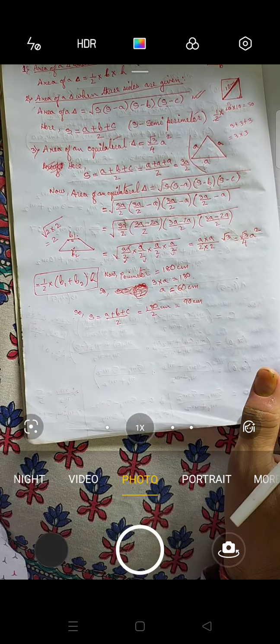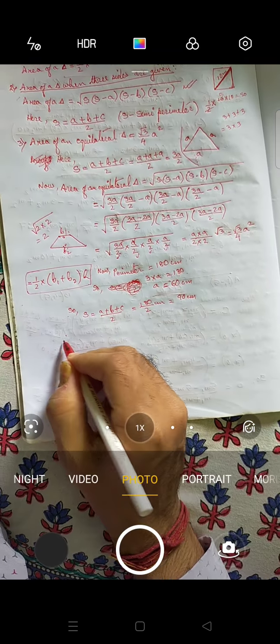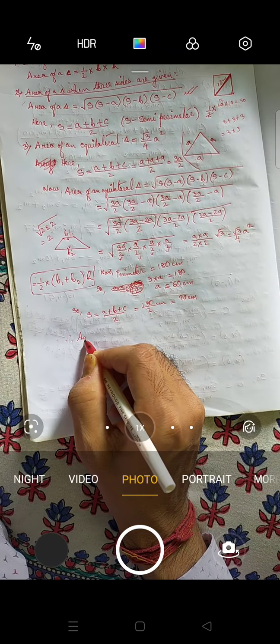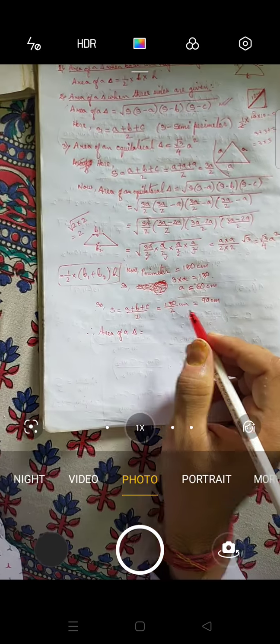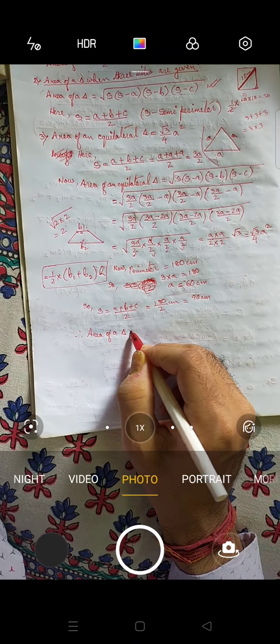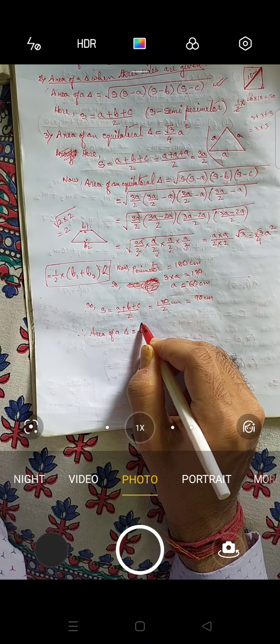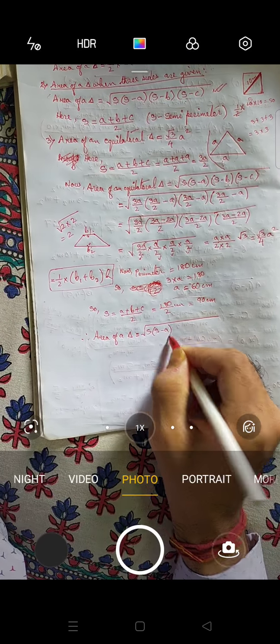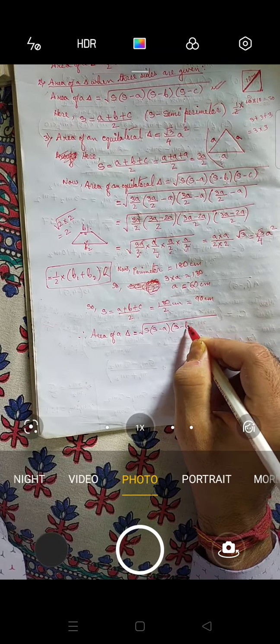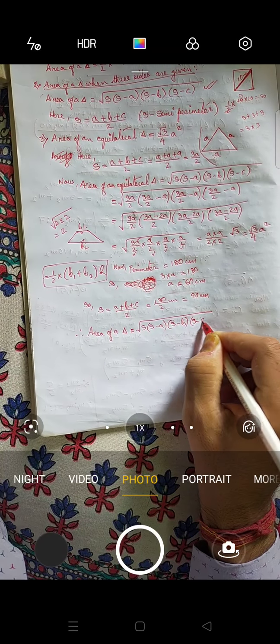Therefore, area of a triangle equals, always write the formula first, root of s into s minus a into s minus b into s minus c.